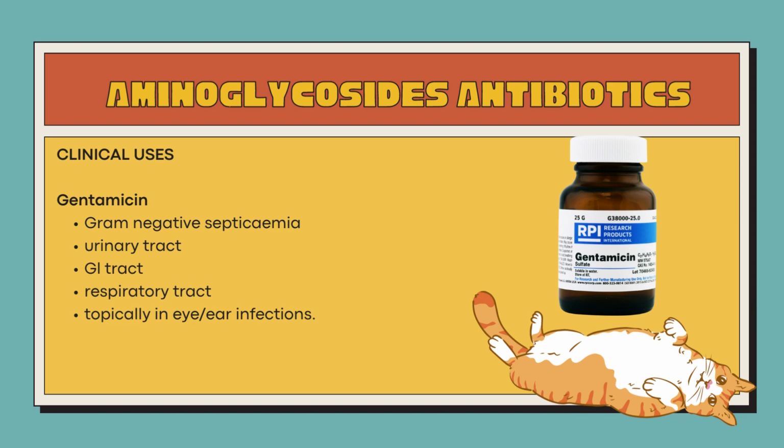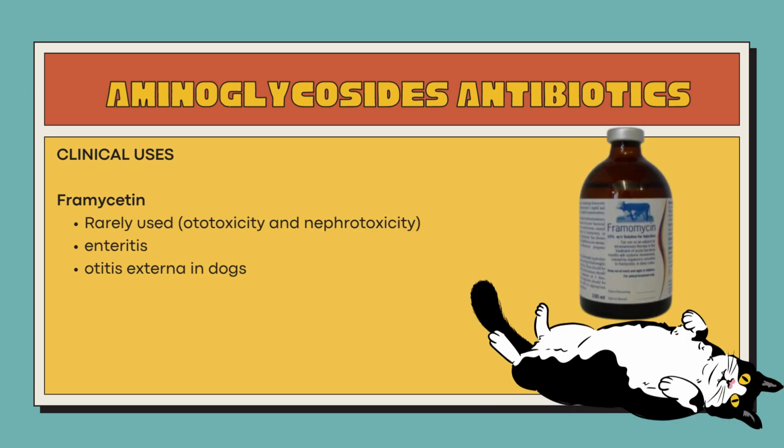Second, we have gentamicin. It is used parenterally in the treatment of gram-negative septicemia, urinary tract, GI tract, and respiratory tract infections, and topically in eye and ear infections. Third, we have apramycin.